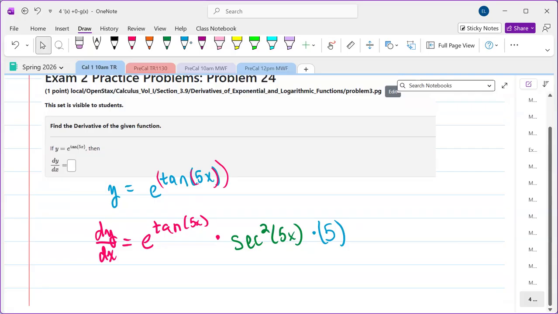So a lot of these derivatives, it's about taking a moment to look at the function, analyze the structure, and see which pieces are fitting together, what rules that means you need to use.